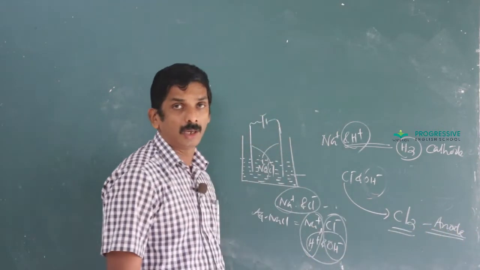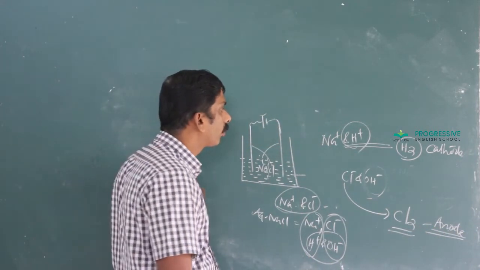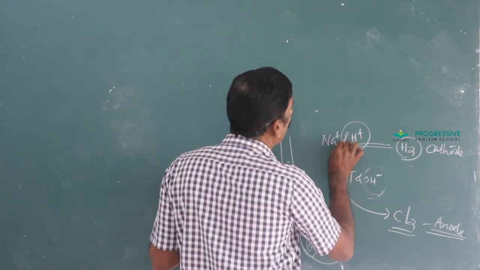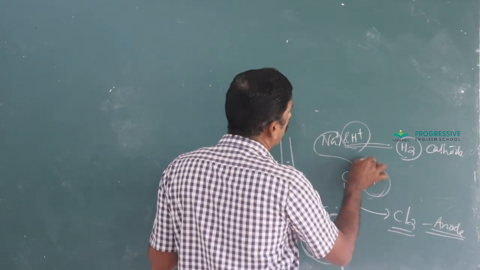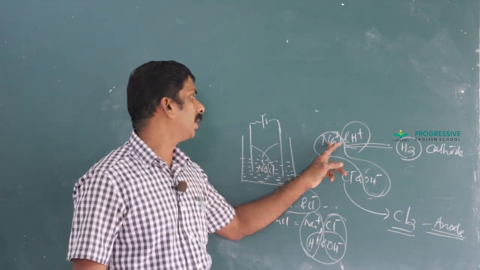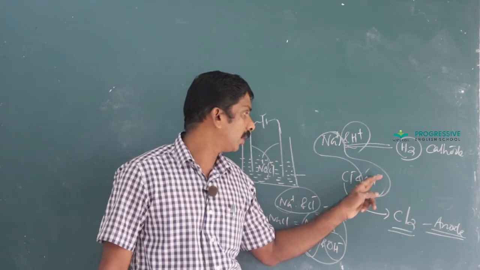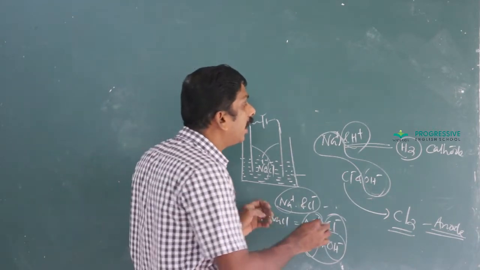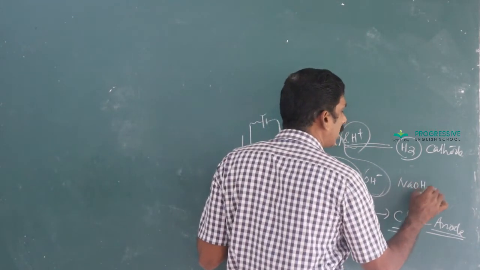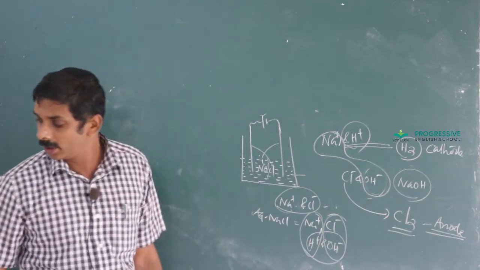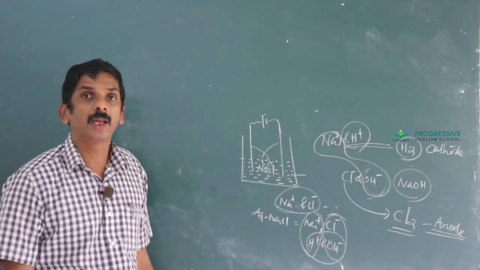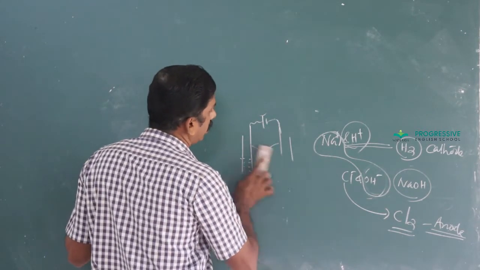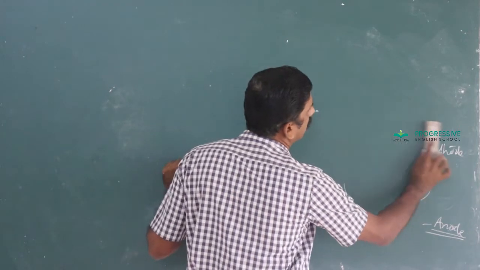In the electrolytic cell, Na+ combines with OH-, the one cation Na+ and one anion OH- remaining in the electrolytic cell. They combine to form NaOH as the secondary product. That is about electrolysis.